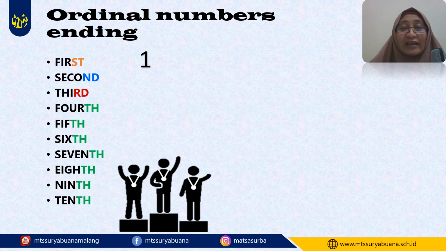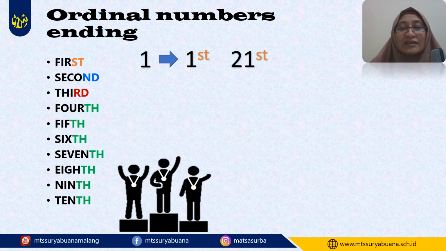Okay, now let's look at the number more closely. This one is first. When you write this with the number, with the symbol of the number, then you write 1ST because this ends with ST. Okay?